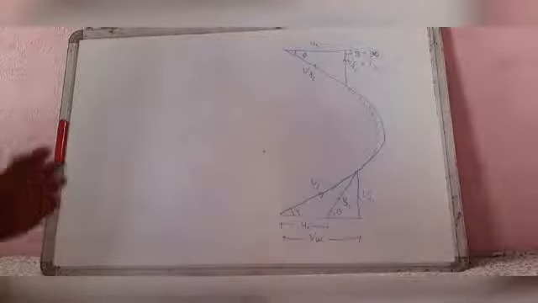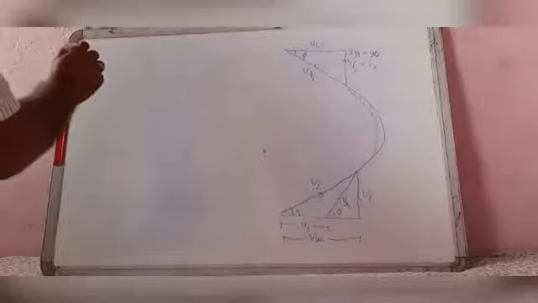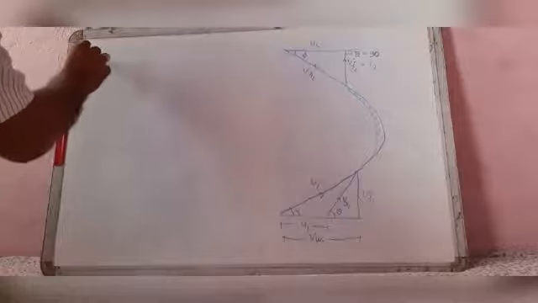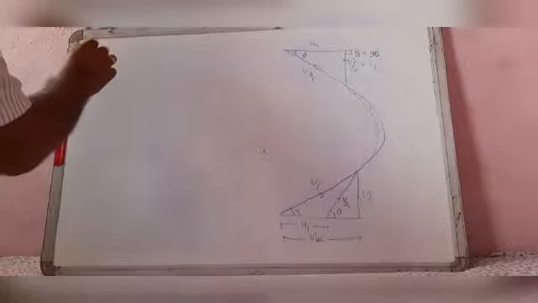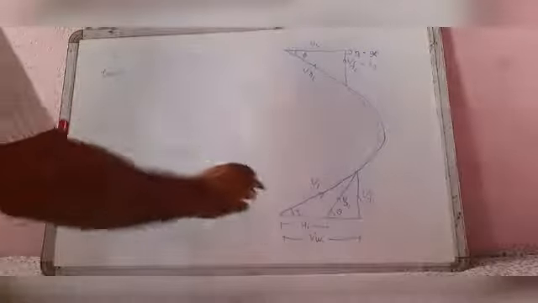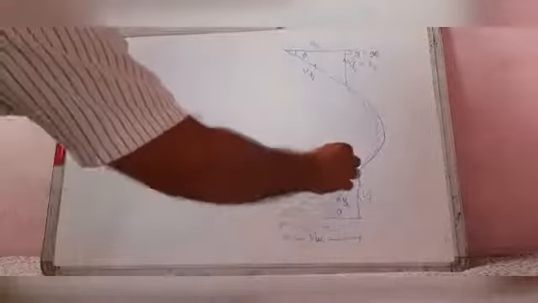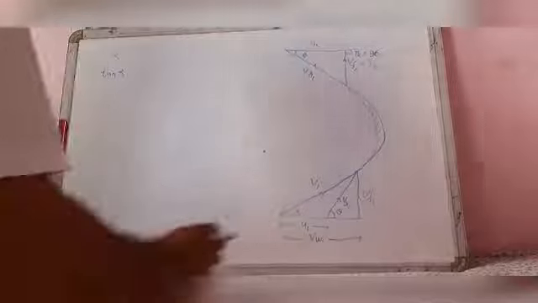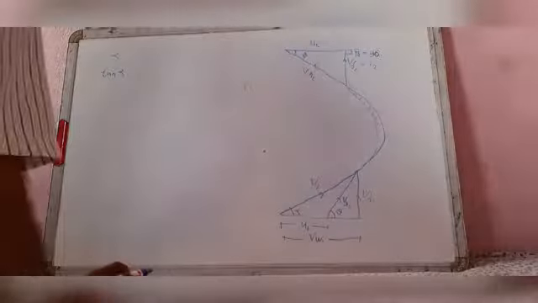Now we have to calculate guide blade angle alpha. From the inlet triangle, tan alpha equal to VF1 by VW1.